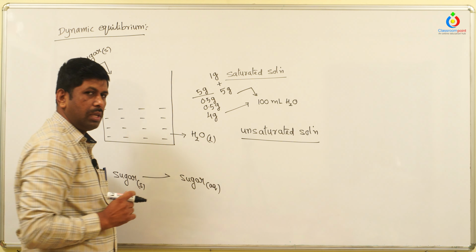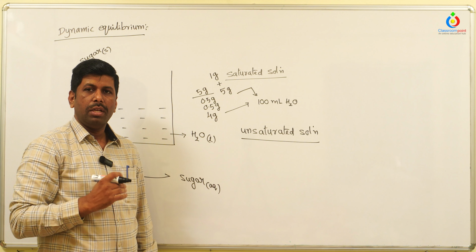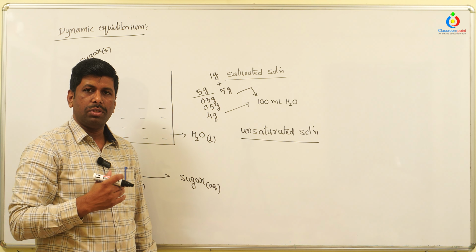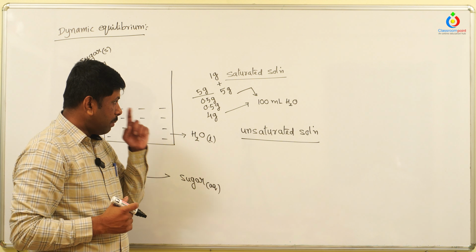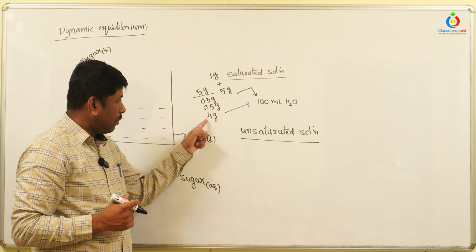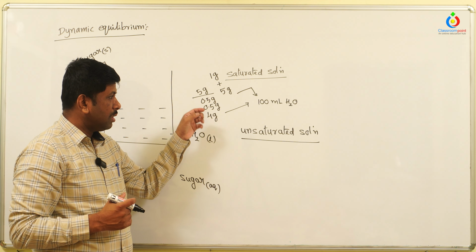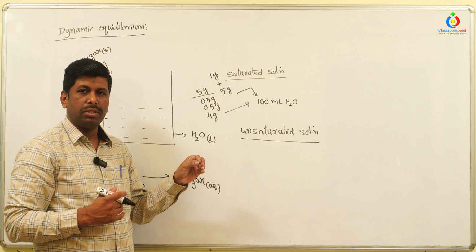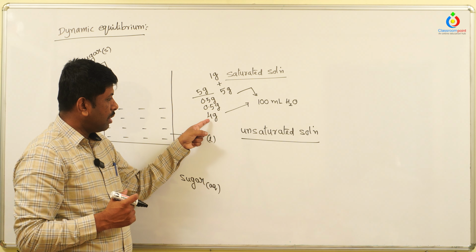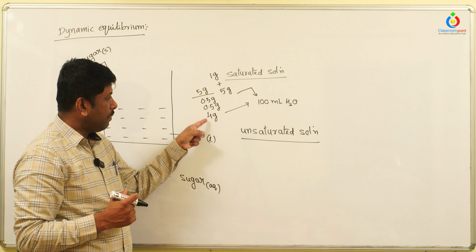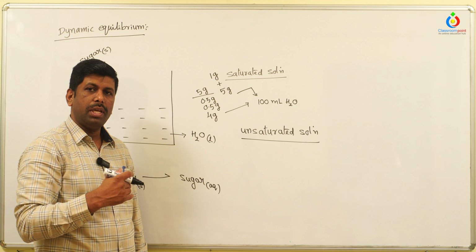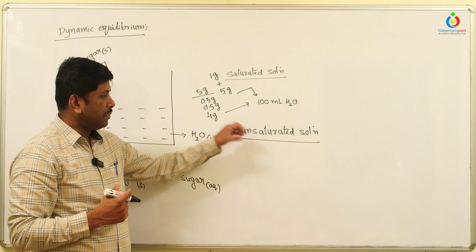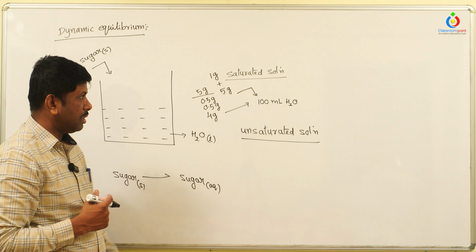Once 5 grams is reached, it becomes saturated, so you cannot dissolve any extra sugar or solute. These 4 grams, 4.5 grams solutions are called unsaturated solutions, because we are able to add extra solute particles that can dissolve.